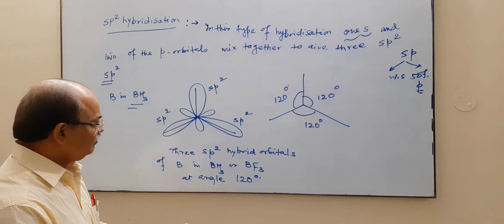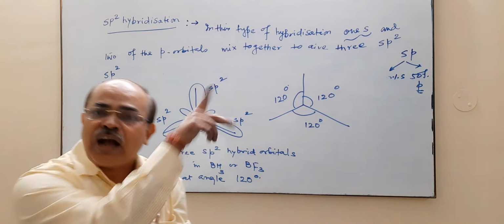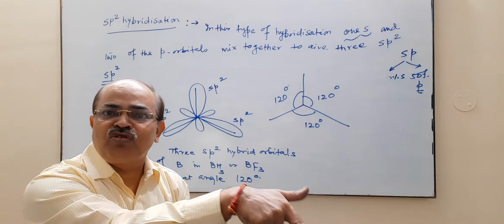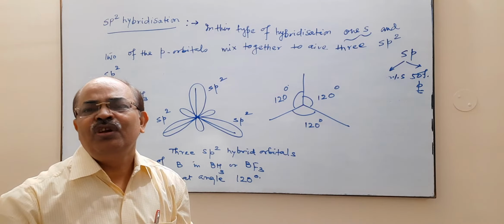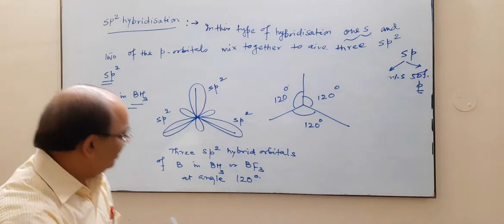Now let us observe how they combine with hydrogen to form BH3 or how they combine with fluorine to form boron trifluoride.